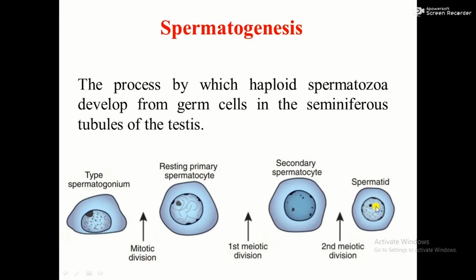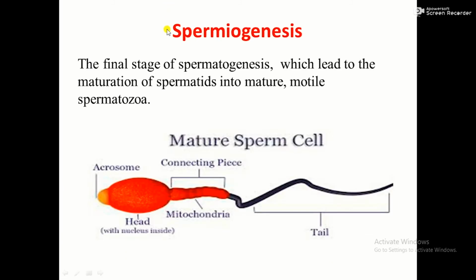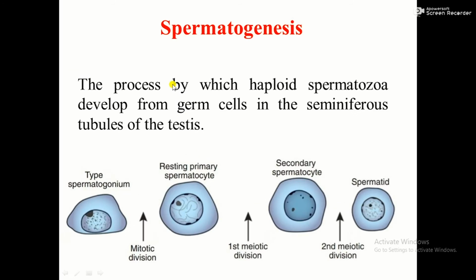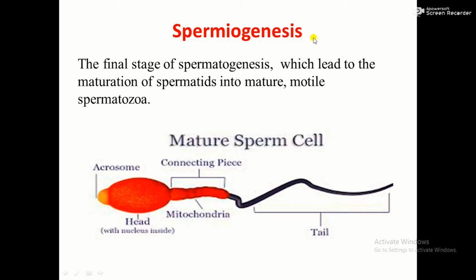So for this reason it will go through another process that we call spermiogenesis. شوفوا طلاب هاي عمليتين مهمة، spermatogenesis and spermiogenesis. أنا دائما أجيبها بالامتحان. The final stage of spermatogenesis leads to the maturation of the spermatid into a mature motile spermatozoon.